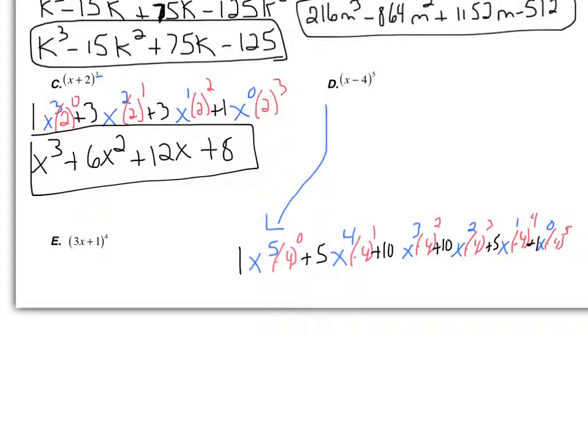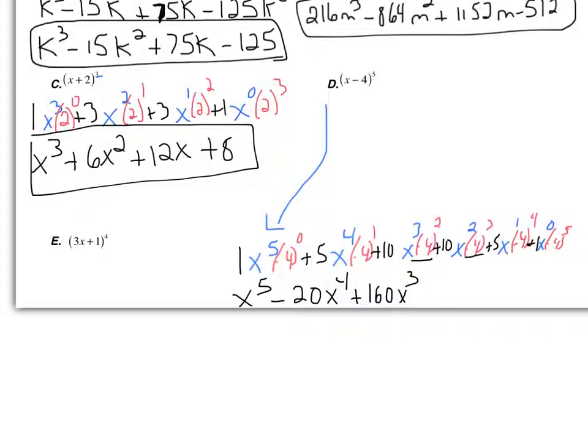So negative 4 to the 0, so this is just x to the fifth. Negative 4 to the first is negative 4 times 5 is negative 20x to the fourth. And then we have negative 4 squared is 16 times 10 is 160x cubed.